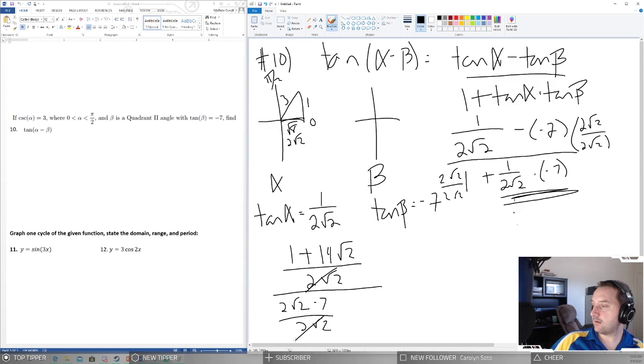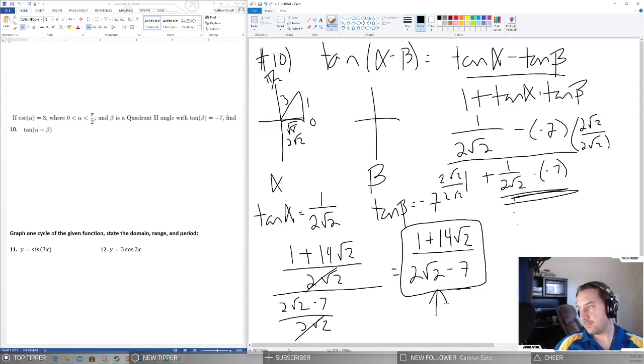Those will cancel out. And this is a good enough simplification, but you could multiply by the conjugate. So if we looked at that as -7 plus 2 root 2, you can get rid of that square root in the denominator. But that's a sufficient way of looking at it.